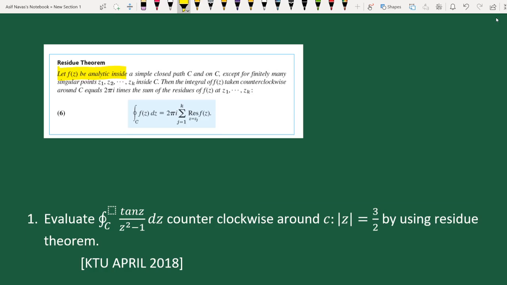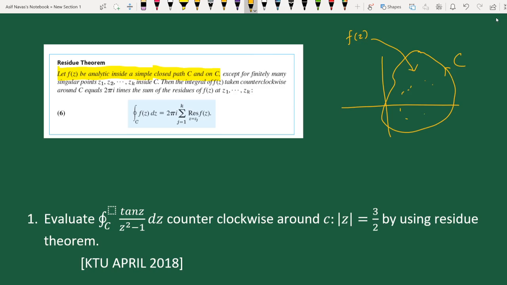If f of z is analytic inside a simple closed path C and on C, that means if you have a simple closed path C, counterclockwise, the given function f of z must be analytic inside and on C, except for finitely many singular points z1, z2, etc., zk inside C.